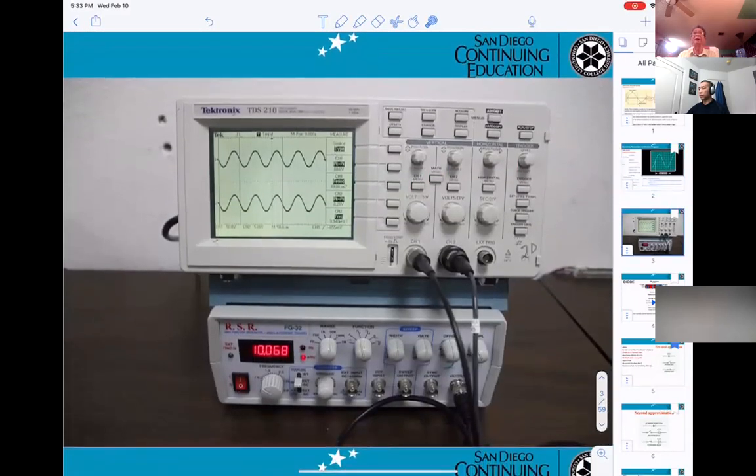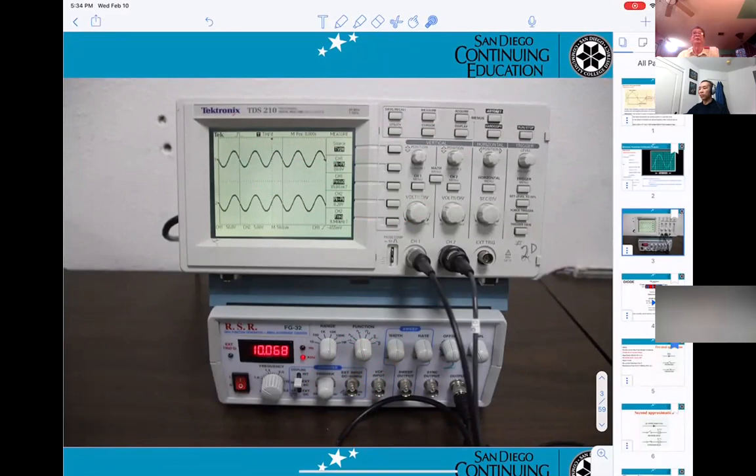Okay, so just a display for you. I just gave you a short explanation. You can see on the bottom here, that's what we call a generator. And on the top, that's the oscilloscope. So the generator will be giving you the sine wave, and they connect it to the oscilloscope so it can display the sine wave and measure it.